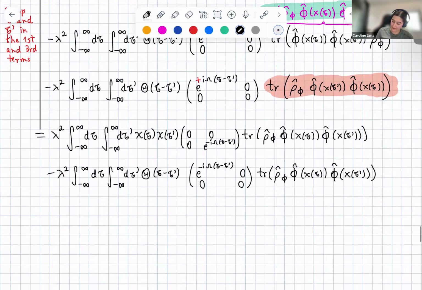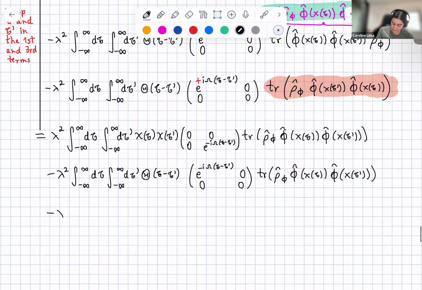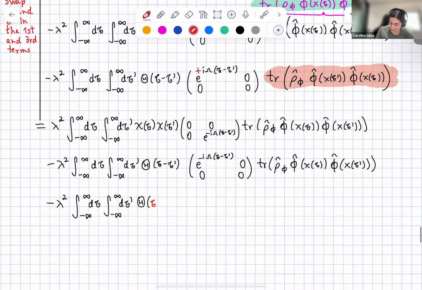All right. And then in the third term, I will swap again. So when I swap, I have to swap here inside the Heaviside, right? So instead of tau minus tau prime, I'll have tau prime minus tau.